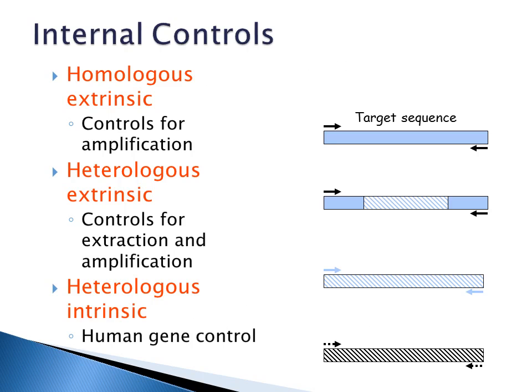This is just an example of each of these internal controls. Your homologous extrinsic control is a control for amplification. Your heterologous extrinsic control controls for your extraction and your amplification, and your heterologous intrinsic control is your human gene control.